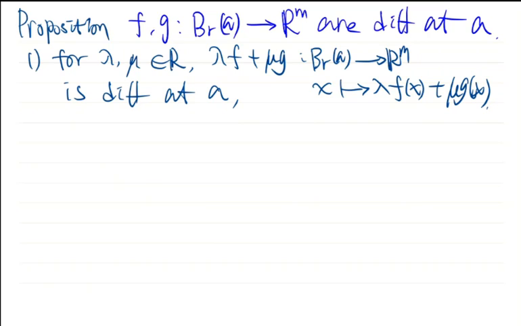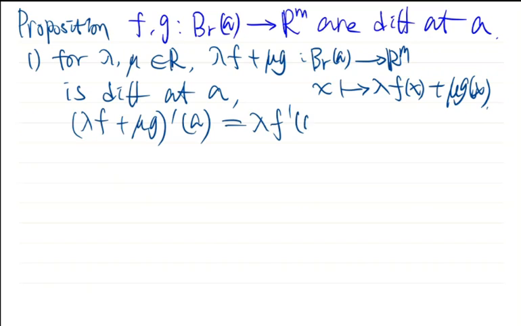Moreover, we know that the derivative of lambda f plus mu g at this point A is lambda f'(A) plus mu g'(A), the derivative of g at A. So what is this equality? This is an equality of matrices. The left-hand side, lambda f plus mu g, is a map from an n-dimensional ball to m-dimensional space.